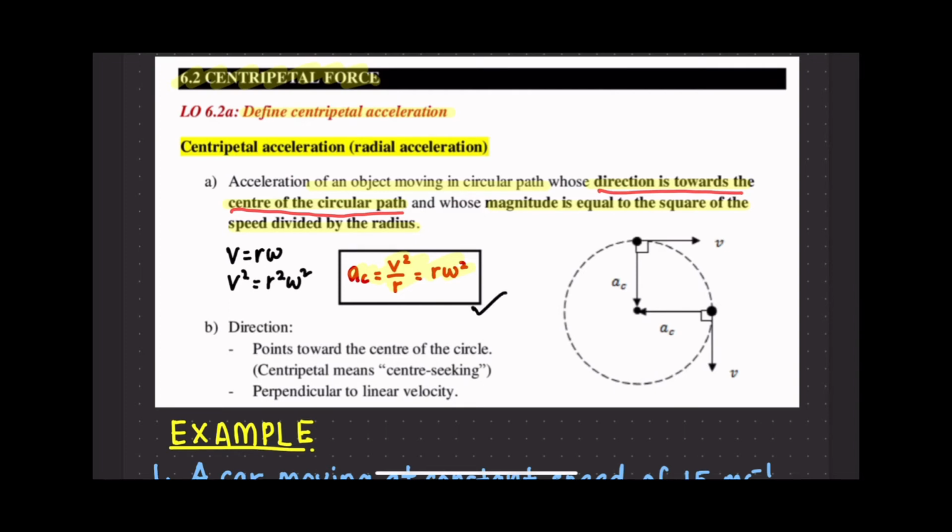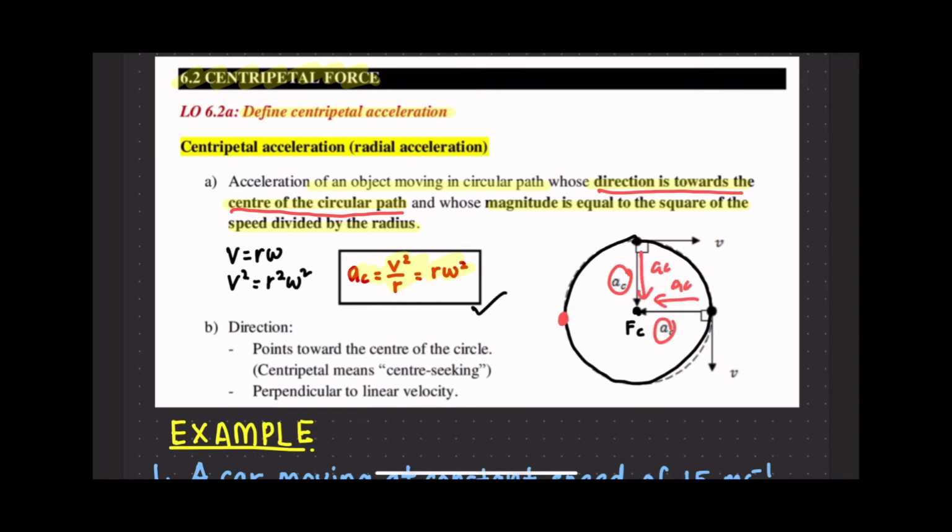Okay? So, next, how about the direction? Okay, the direction is towards the center of the circular path. As you can see the circular motion here, and then they experience the center of the rotation. We call it as FC. Okay, direction of AC is always towards the center.